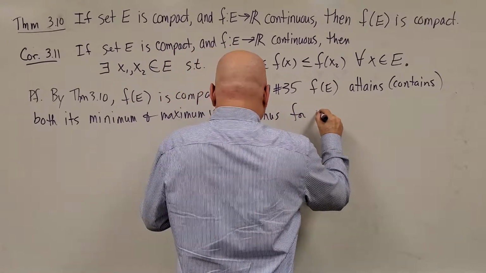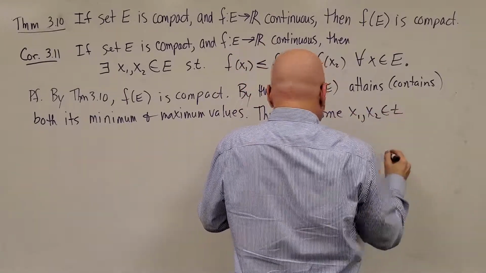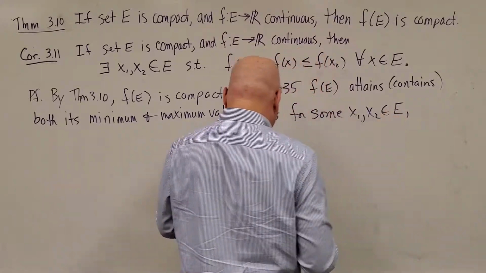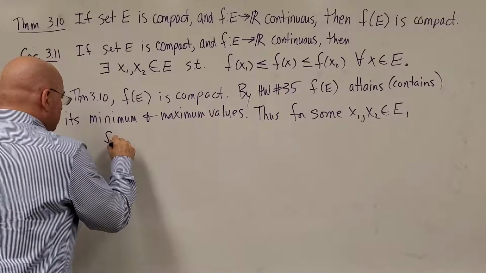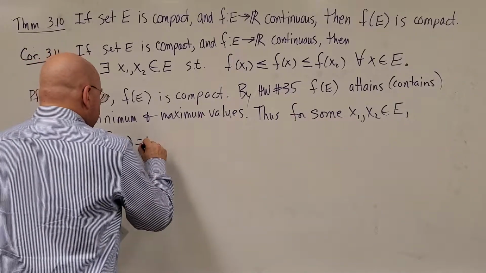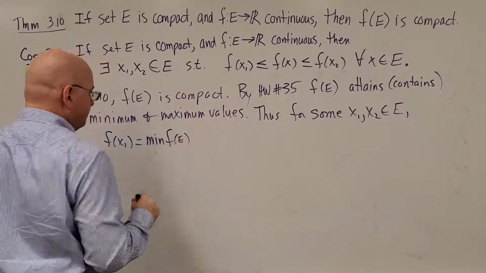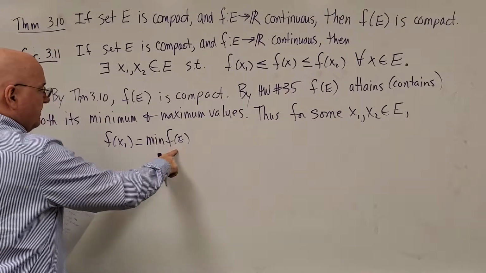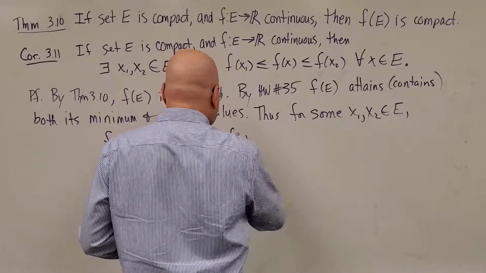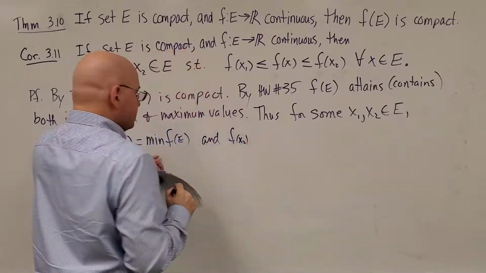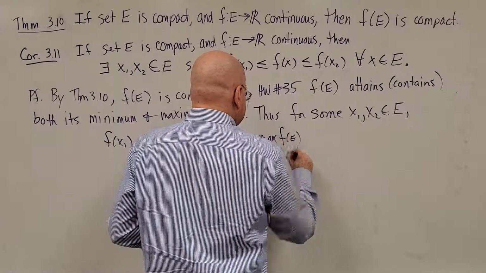Thus, for some x1 and x2 in E, f of x1 is equal to the minimum f of E, the minimum value among all of the f of E's, and f of x2 is the max such value, the maximum over all of the f of E's.